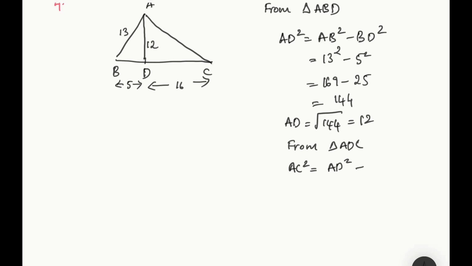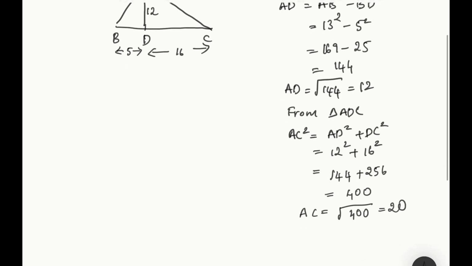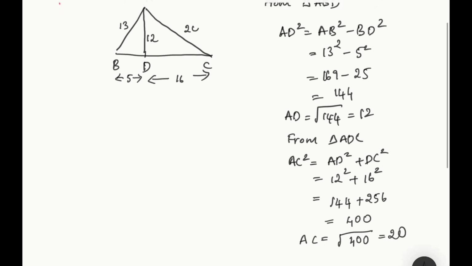So AC square will be equal to AD square plus DC square. 12 square plus 16 square. 12 square is 144, 16 square is 256. 144 plus 256 equals 400. So AC equals root of 400, that is equal to 20. So I get the value of AC here as 20. Now you have got all the values.